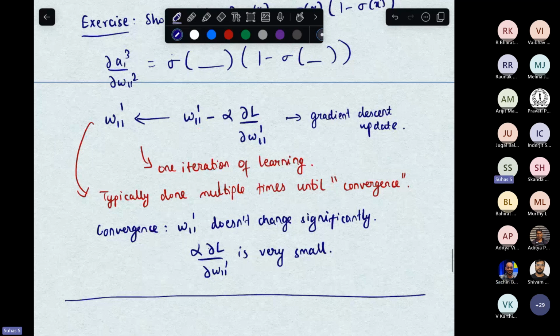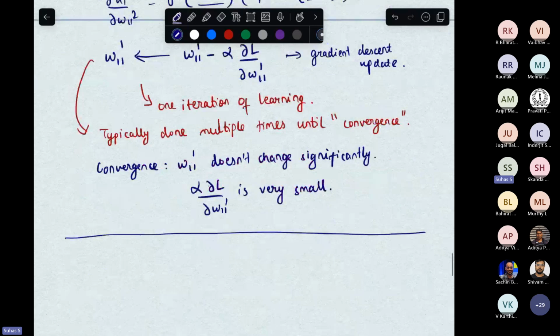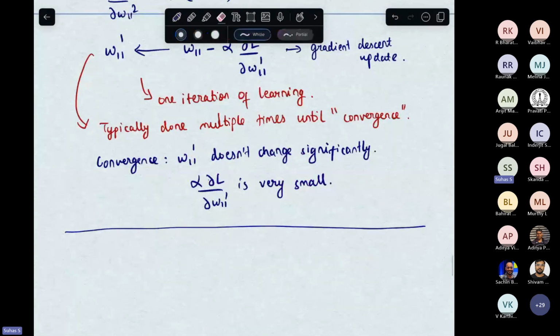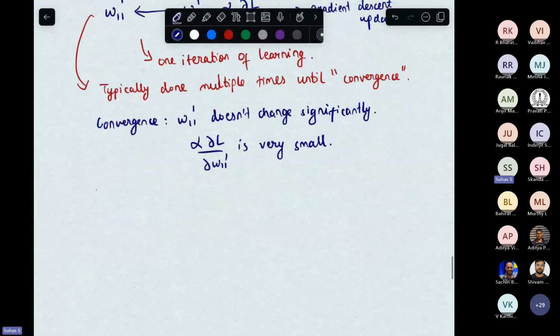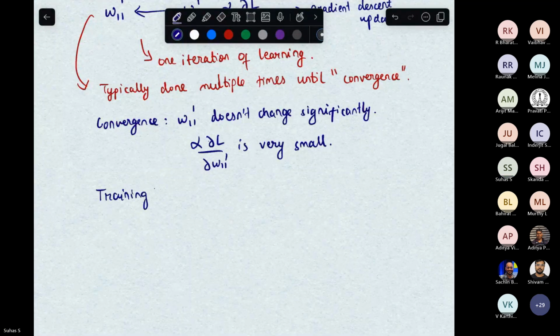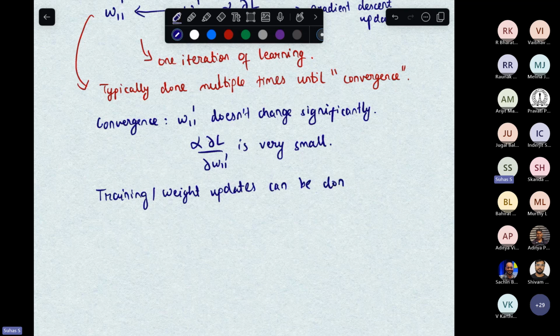Correct, yes. That's a good point. Maybe I should mention that also. The training, or weight updates, can be done on batches of examples, batches of training data.